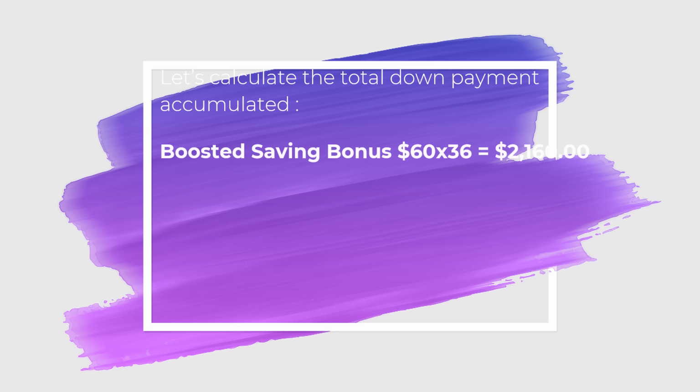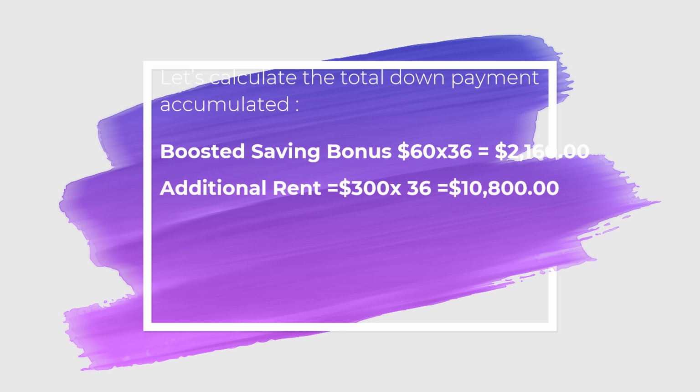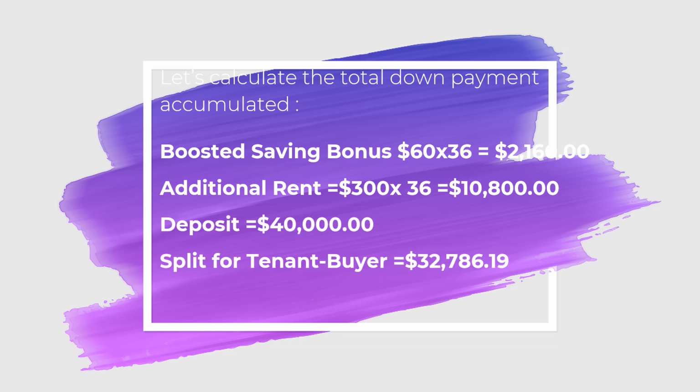In this case, let's calculate the down payment accumulated by the tenant buyer. So the boosted saving bonus will be $60 times 36, that's $2,160. Since he's paying additional rent of $300 times 36 months, that's $10,800. Original deposit of $40,000. The split in favor of the tenant buyer will be $32,786.